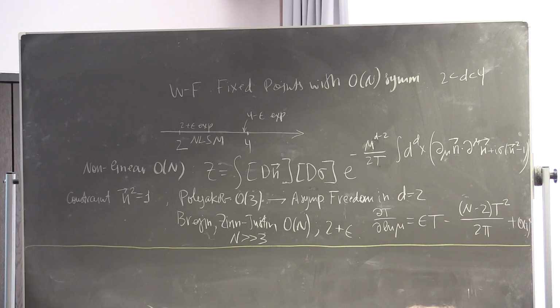is not scale invariant in 4 dimensions, right? Because of this non-zero beta function. Similarly, this model is actually not scale invariant in 2 dimensions because of this flow equation. So you have to go to 2 plus epsilon, basically.